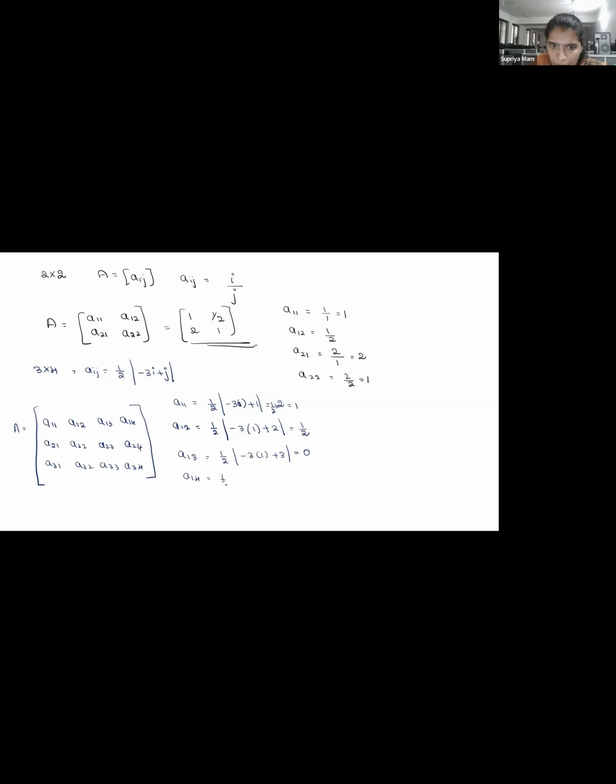A14 is 1/2 mod of minus 3 into 1 plus 4, which is minus 3 plus 4, 1 into half, half. Next, second row: A21 is 1/2 mod of minus 3 into 2 plus 1, which is equal to minus 3 into 2, minus 6, plus 1, minus 5. Mod is 5/2. Answer is 5/2.